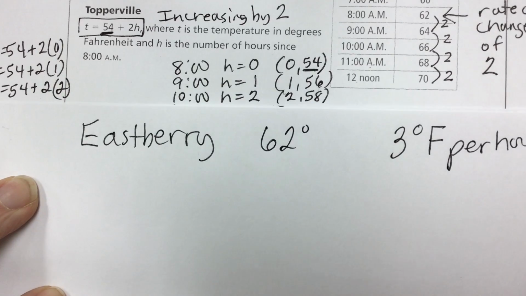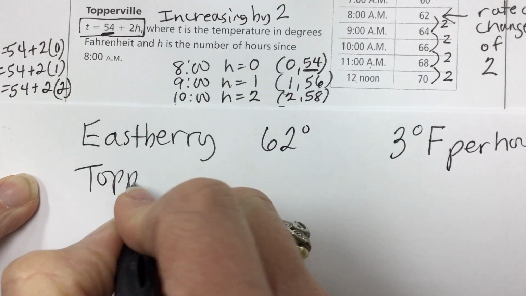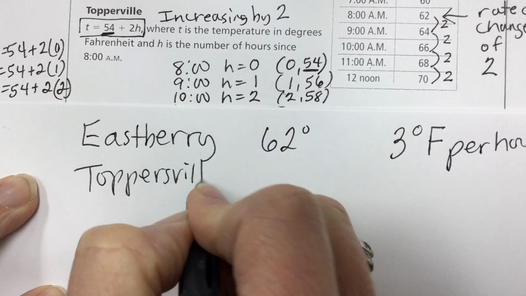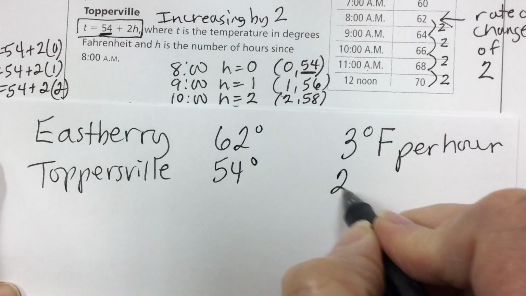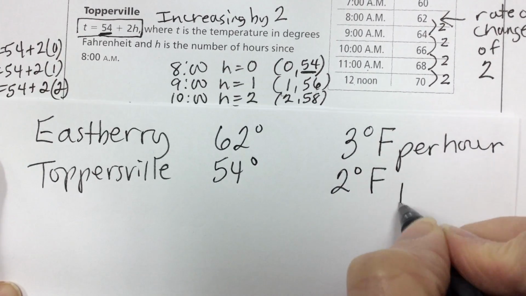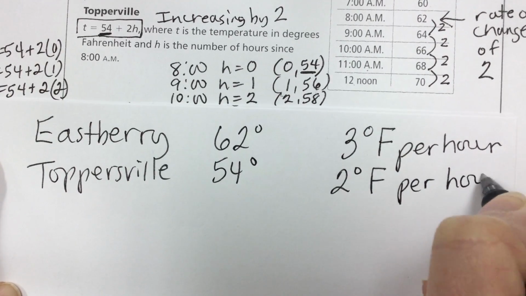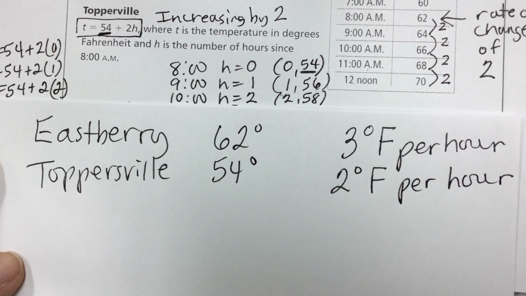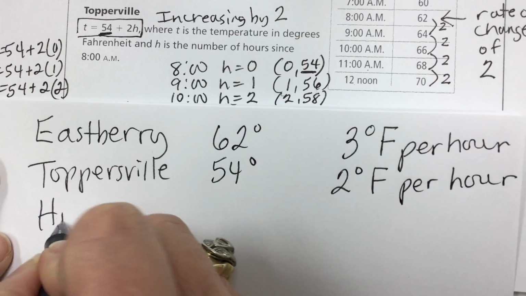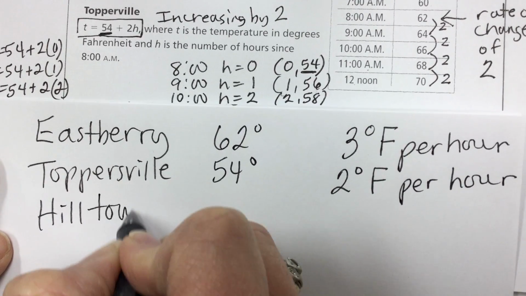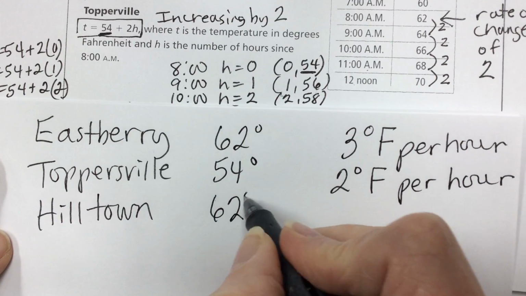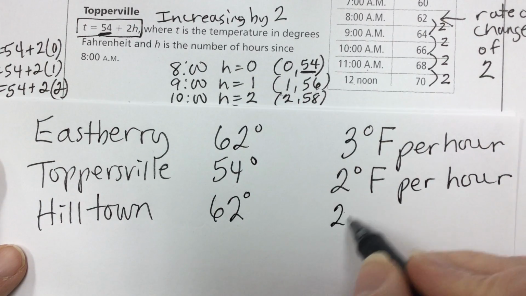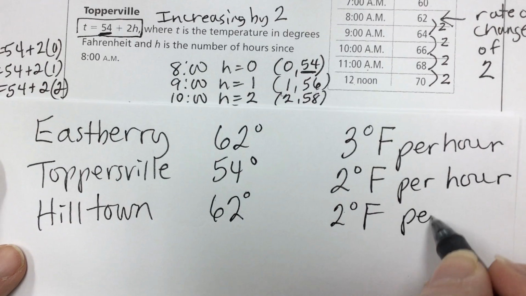Okay? Then Toppersville started at 54 degrees and increased by 2 degrees Fahrenheit per hour. Just kind of summarizing for us. And then Hilltown, coming from our table, at 8 o'clock it was 62 and it increased 2 degrees Fahrenheit per hour.